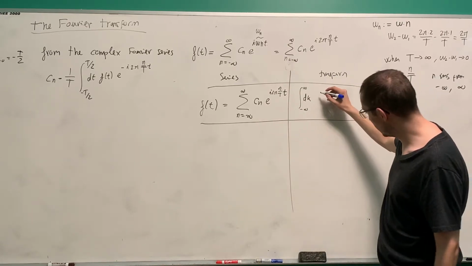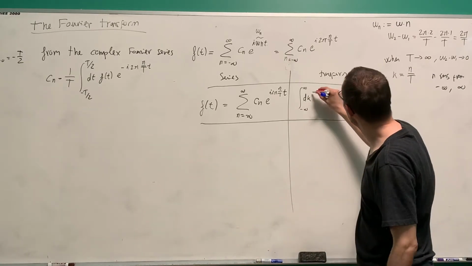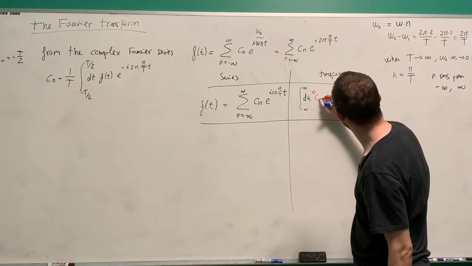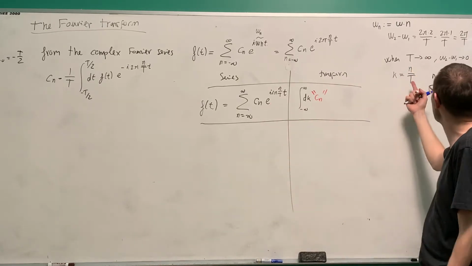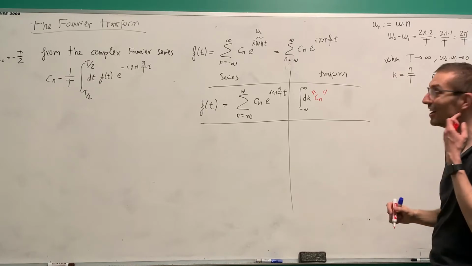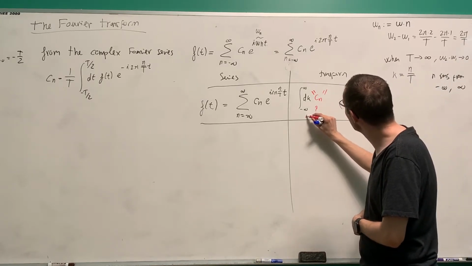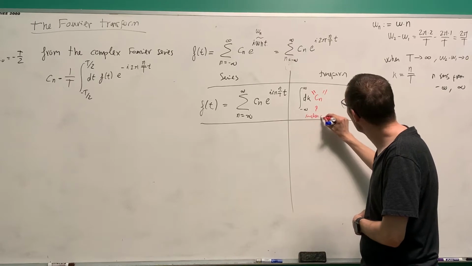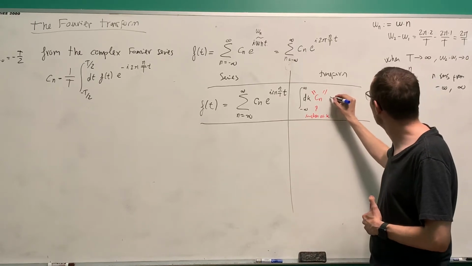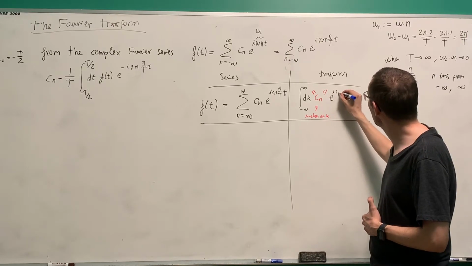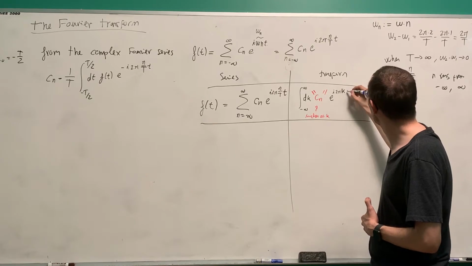Let me write here in red this c_n, because c_n is no longer c_n; now it has to be a function of k. It was a function of n, but I changed to a continuous variable, so it's n over T, and that thing should be a function of k. And then I get here the exponential of i, 2 pi n over T, which is k, times t.